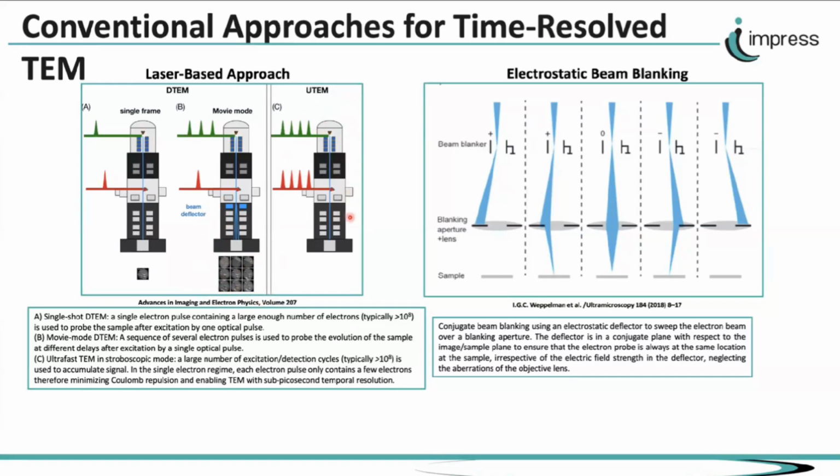A more common way is the stroboscopic mode, when you send a much weaker UV laser pulse to the electron gun, and then a short pulse which is synchronized.